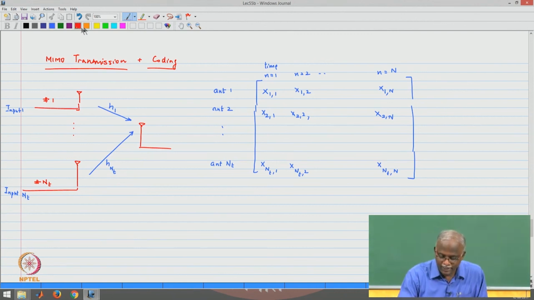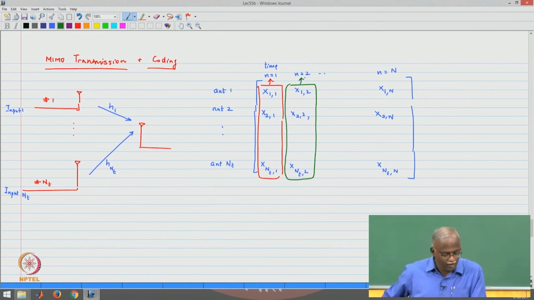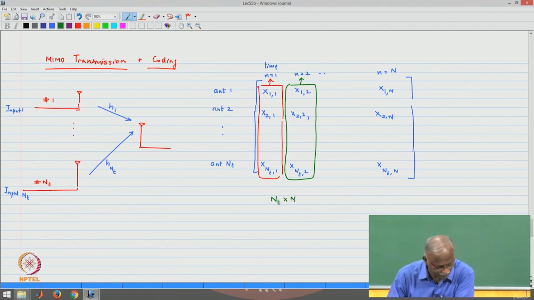This entire vector is transmitted at time instant number 1, and the next vector transmitted at time instant 2, and so on and so forth up to n.